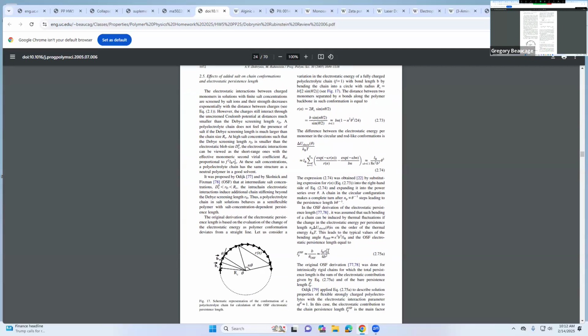So the gist of this is that it depends on the Debye length, this r_D, which is 1 over the square root of the concentration of the counterions. It depends on the Bjerrum length also, but basically r_D squared goes as 1 over the concentration of counterion, which is what they're doing. They're adding counterions to the solution. They expect to see the persistence length go with 1 over concentration.